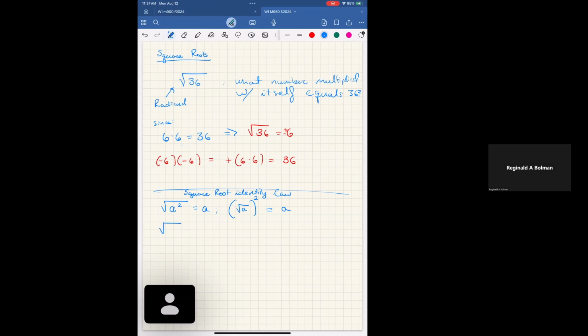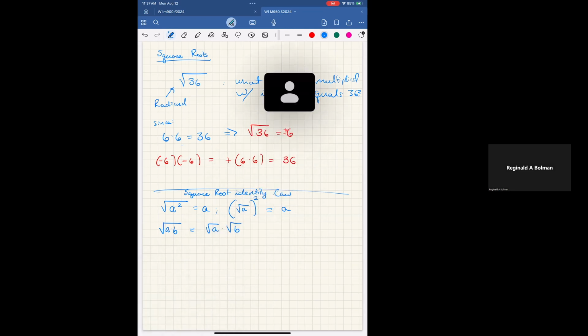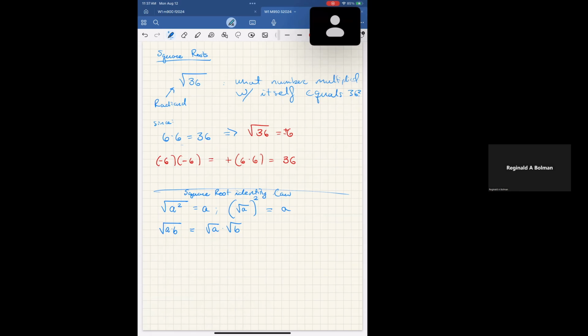Another interesting property of square roots is that whenever you take the square root of two numbers multiplied together, it's as though you've taken the square root of one number multiplied with the square root of another term, whatever that second term happened to be. Just as an example of this, we all agree, hopefully, that the square root of 36 is equal to 6, right?